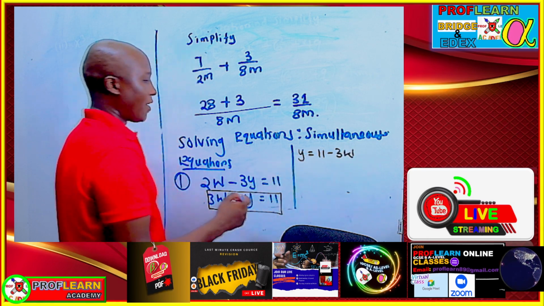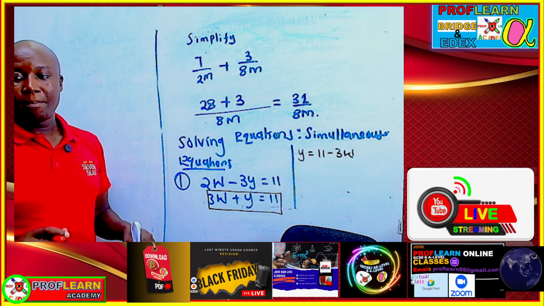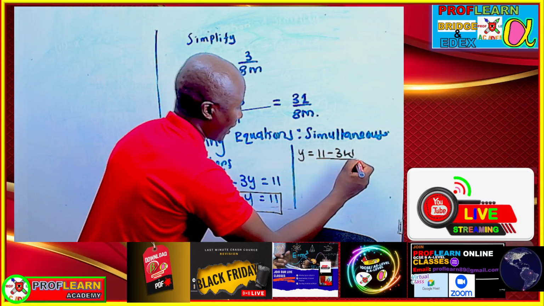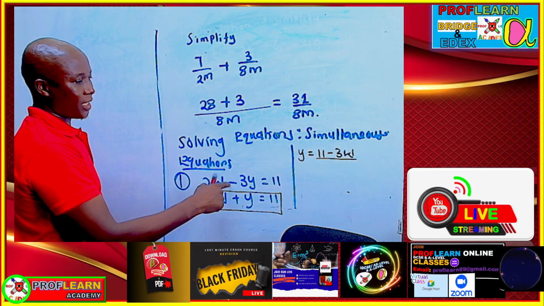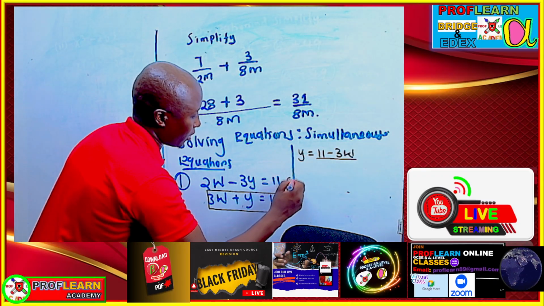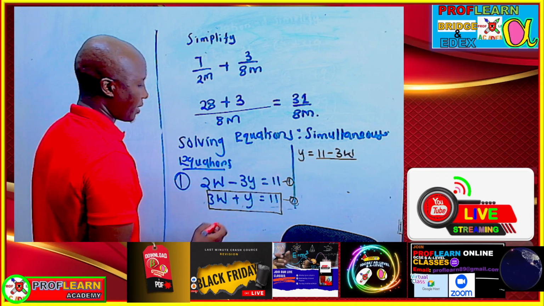I've made y the subject of the formula so that I can now substitute this part for y into this equation that I have as the first equation. So this is equation 1 and this is equation 2. So I've rearranged that.